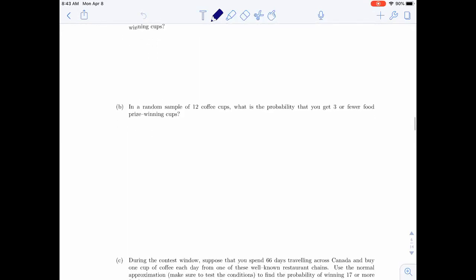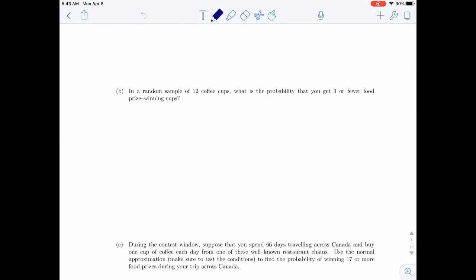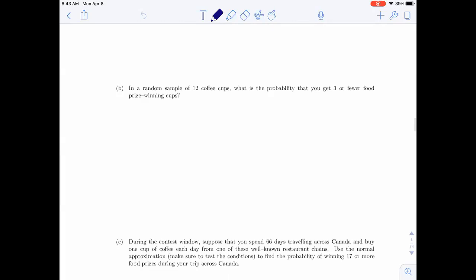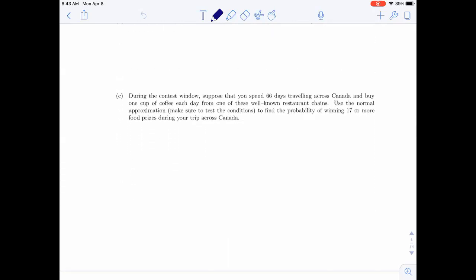So we'll use the binomial distribution, but I'll just read through the question to give you an overview. Part B, we're going to use the binomial, but for more probabilities. What's the probability that you get 3 or fewer food prize winning cups if you have 12 cups of coffee? And then during the contest window, suppose that you spend 66 days traveling across Canada and buy 1 cup of coffee each day from one of these well-known restaurant chains.